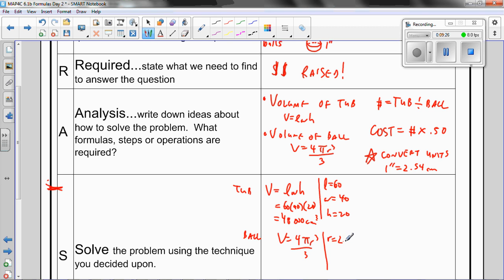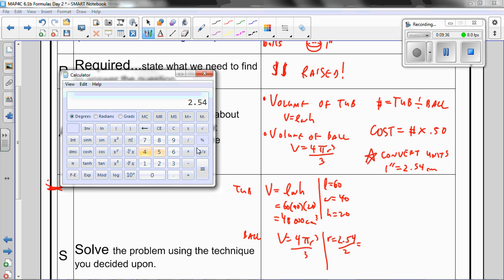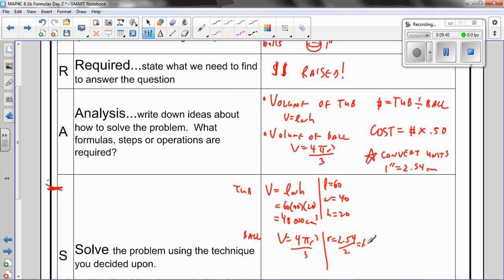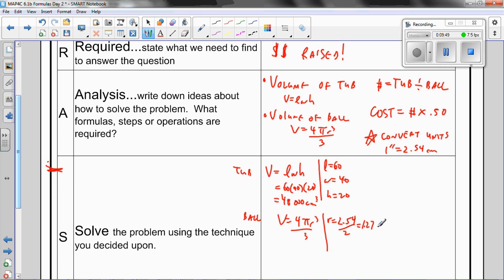So I've got to go 2.54 divided by 2, which I'm going to have to do on my calculator now because my notes are goofed up. 2.54 divided by 2, I should have been able to do that. I had 1.27 centimeters, and I converted that, right? 1 inch is 2.54 centimeters. I didn't use 1 inch there. I used 2.54 centimeters.